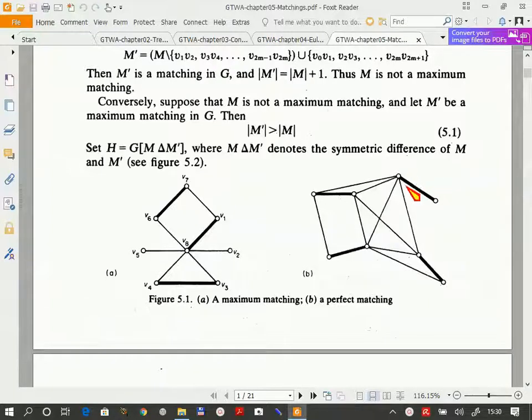Okay, look here. So here you have a perfect matching, so obviously it is maximum, and it has 4 edges inside. Now I show you a matching which is maximal but not maximum.